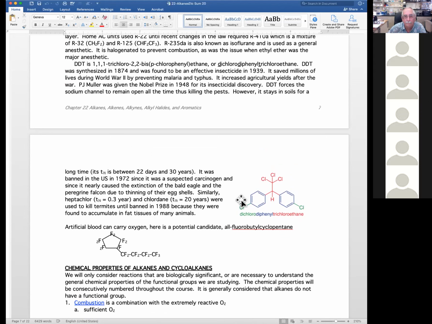So here's DDT, dichloro, diphenyl, trichloroethane. So you can see it's dichloro, diphenyl, and then this right here is ethane, right? Carbon and a carbon. And there's 3 chlorines over there. That's where they get the trichloro from, right? Here's the ethane right here.